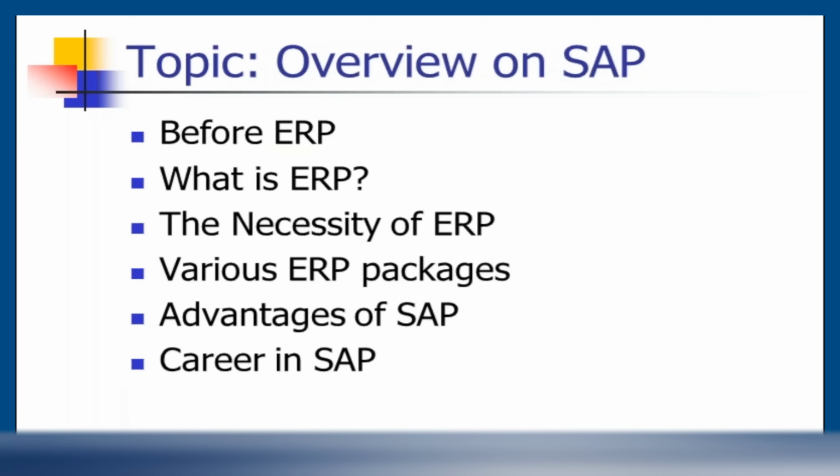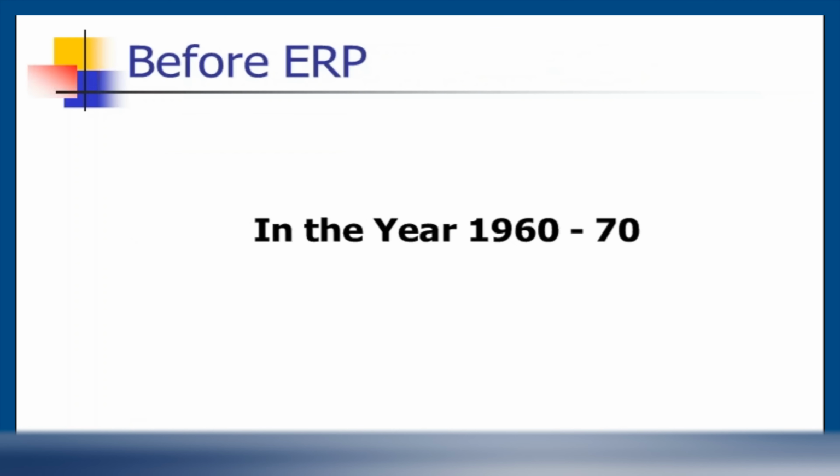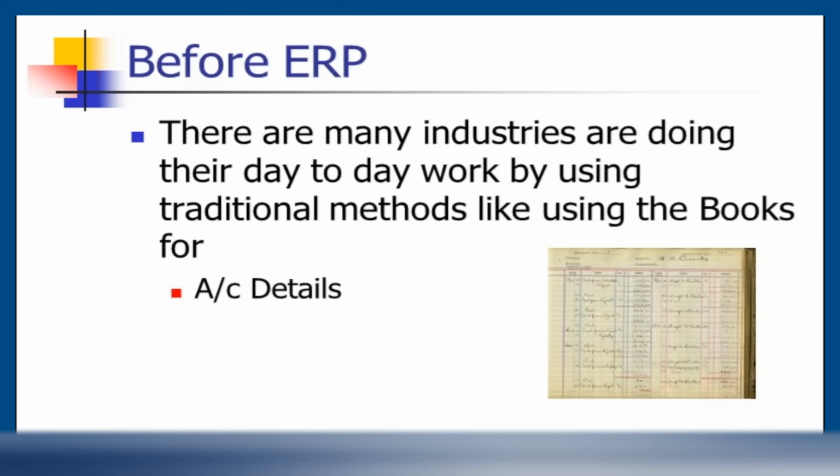Let us start. Before ERP, how was the world? Jump into the years of some 1960s and 70s. In the 1960s and 70s also, businesses were running. Earlier, the people on the account side used to use books to maintain accounts.